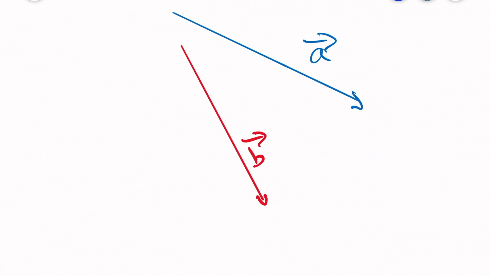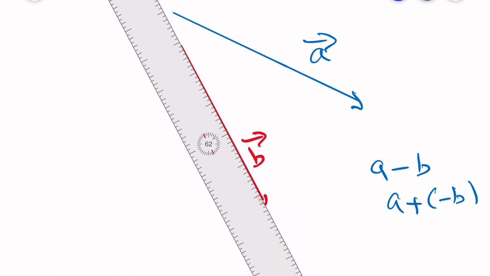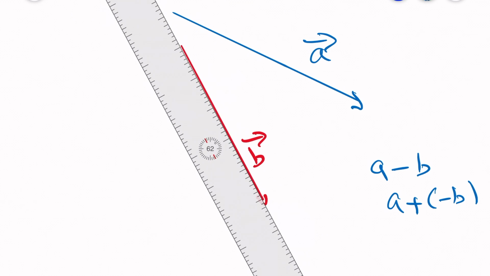Now as we know, if you want to subtract 2 numbers, A minus B, what you can really do is A plus minus B. So we are going to use the same trick. We will draw another vector which is parallel to B but facing in the opposite direction. We also know this has to be head to tail. So if right now the head of B is downward, it will eventually become upward.